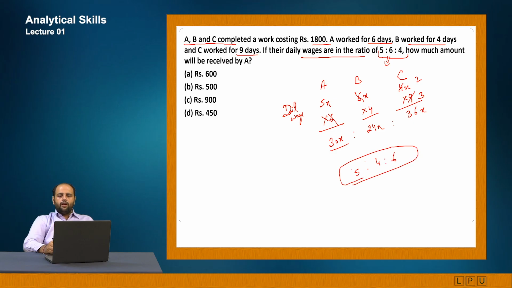This will be the final ratio, and in this ratio divide the rupees 1800. You have been asked how much amount will be received by A. So it will be 5 upon 6 plus 4 plus 5, that is 15, into 1800, that will be 100. So 5, 3 and 3, it will be 600. So 600 rupees will be received by A as wages.